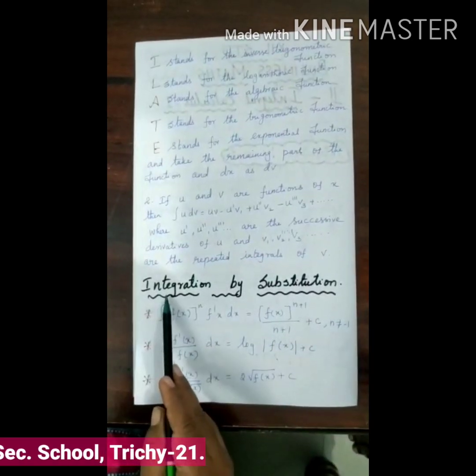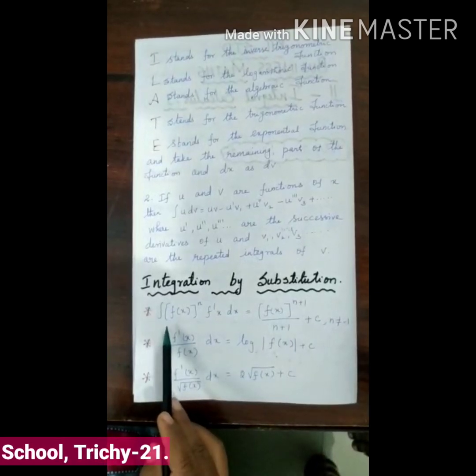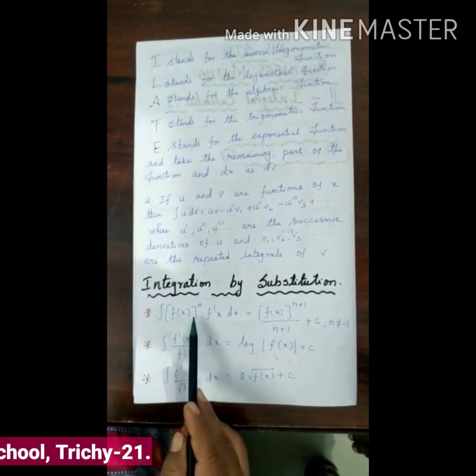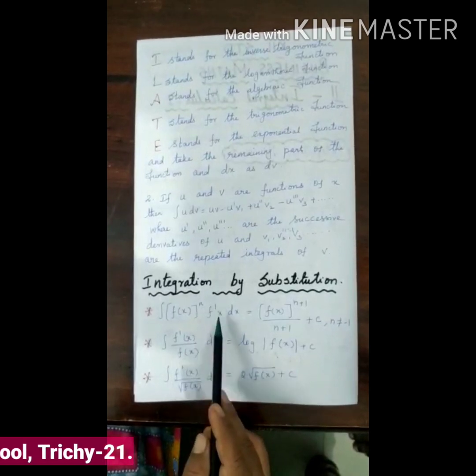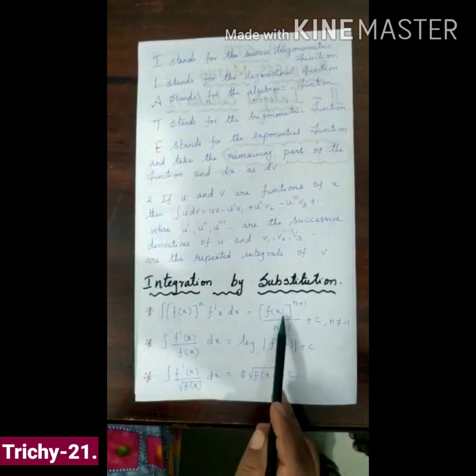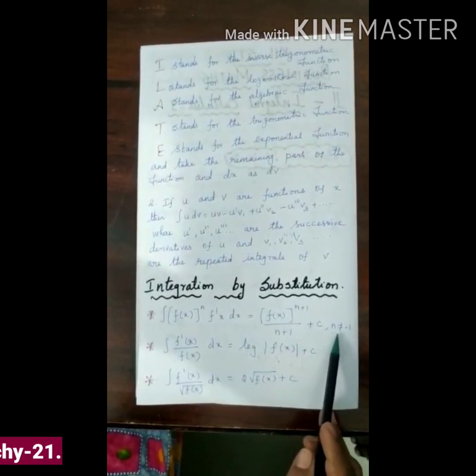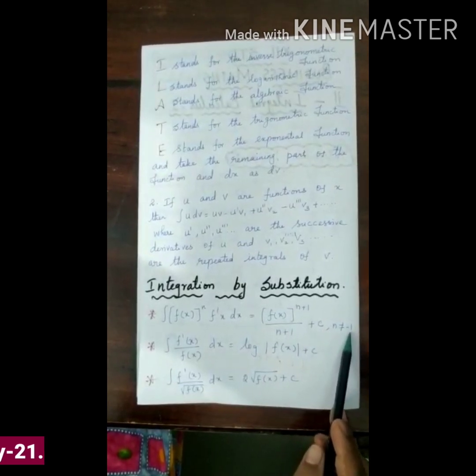Next one is integration by substitution. Formulas: integral of f of x the whole power n into f dash of x into dx is equal to f of x the whole power n plus 1 by n plus 1 plus c, n is not equal to minus 1.